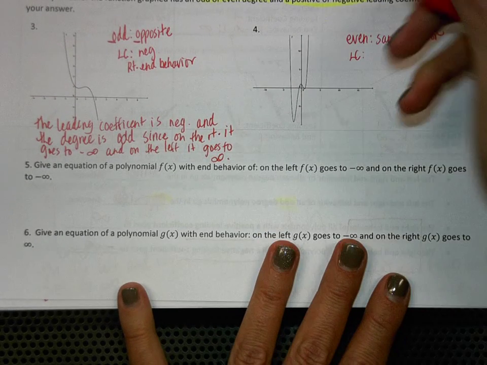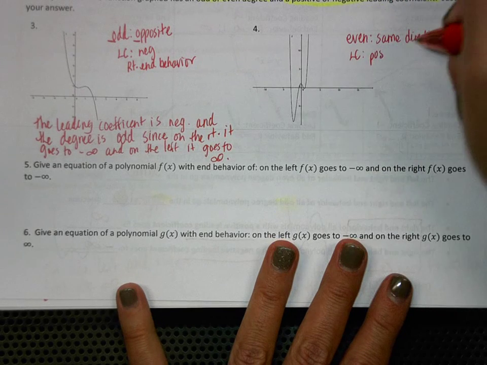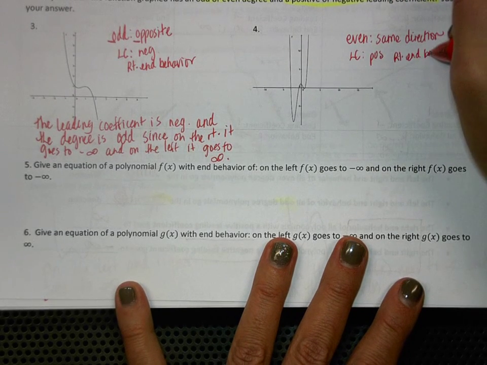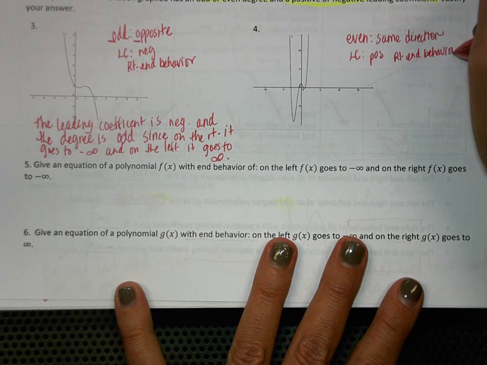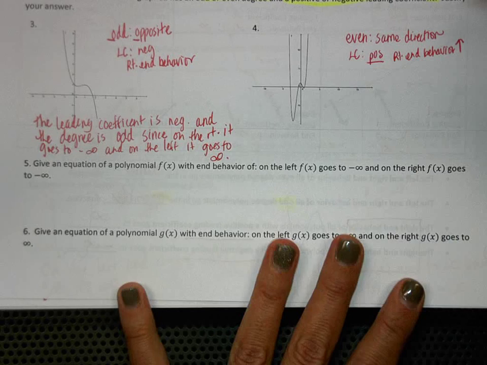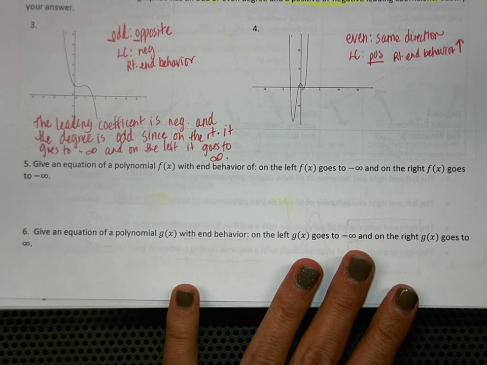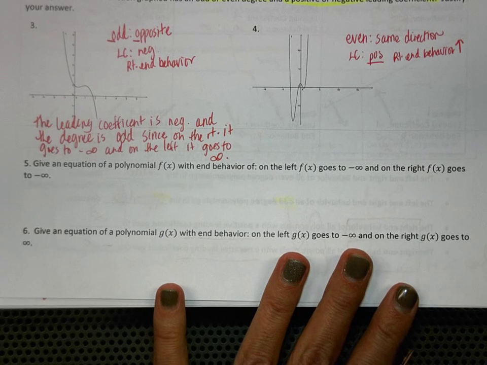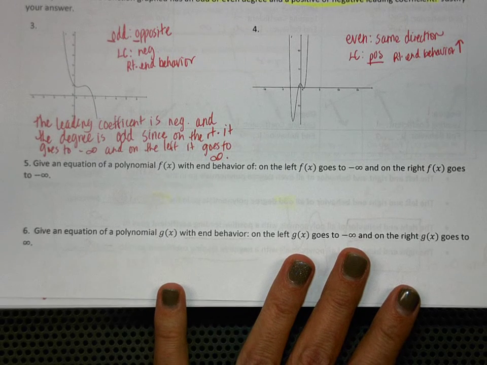Positive. And how do we know that it's positive? Your right end behavior is going up. Okay? If the right end behavior is going down, then it would be a negative coefficient, right? So the right end behavior lets us know if it's positive or negative in your leading coefficient.